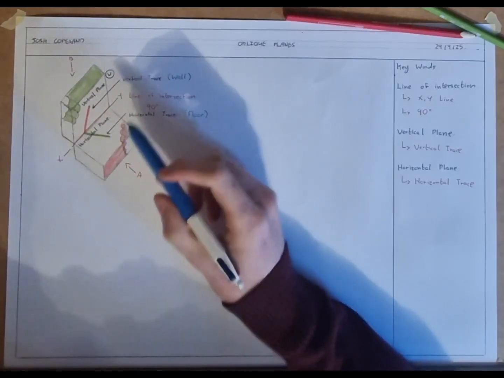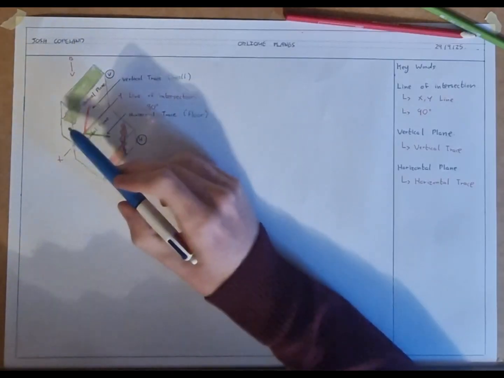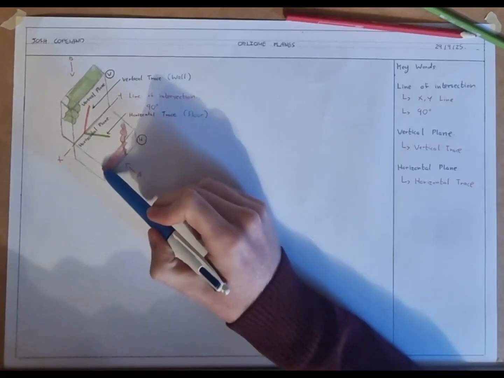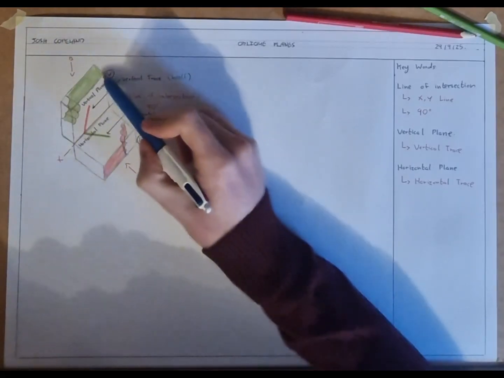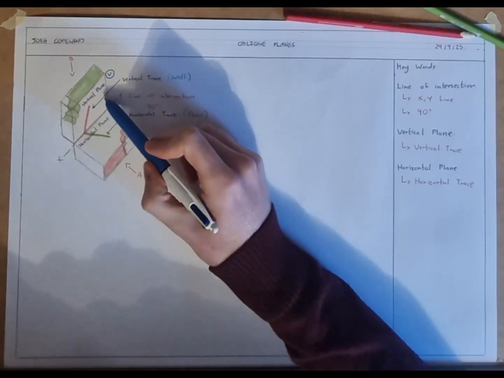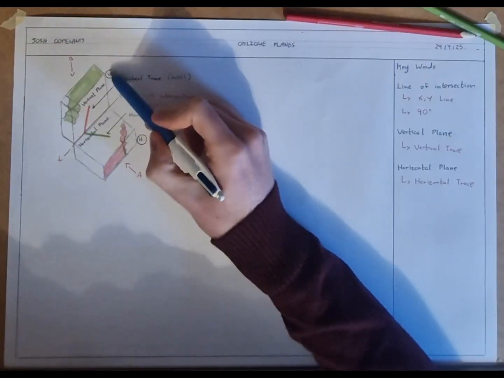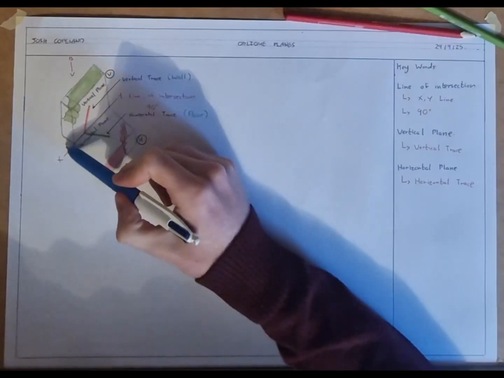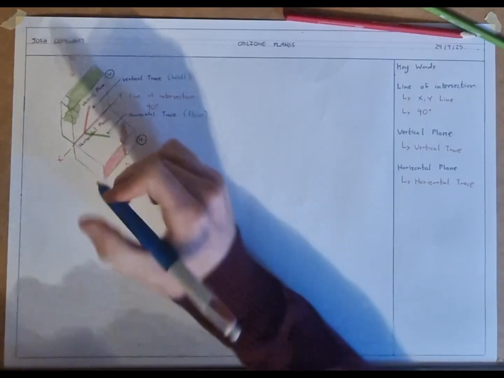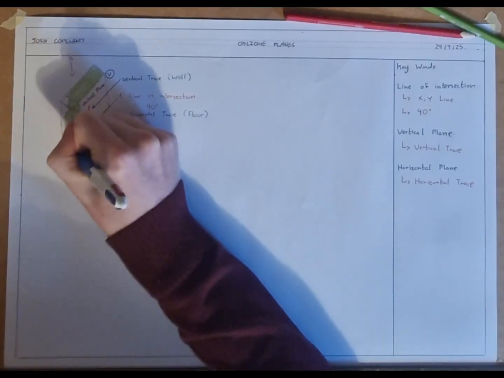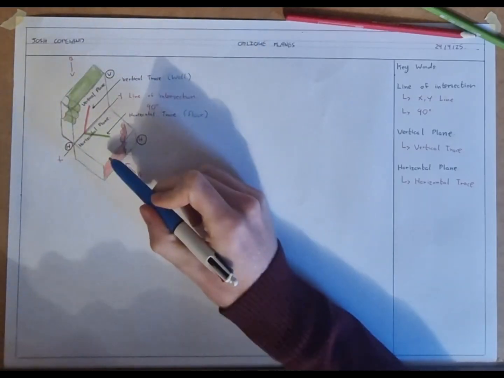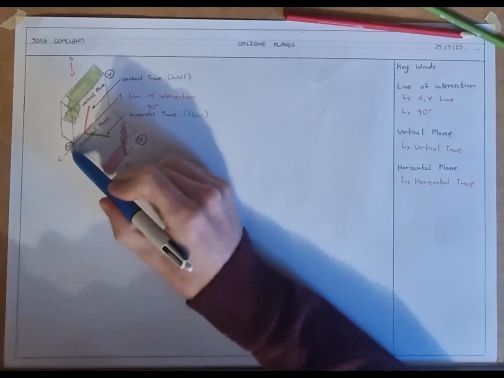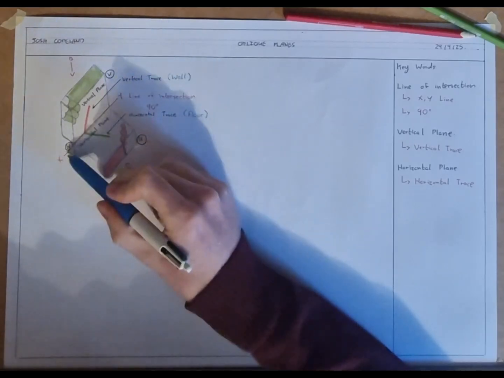So, if we're looking in the direction of arrow A, we're going to see our horizontal plane as an edge and our vertical plane as a surface. So we label our V because we can see that, and then just over here we're going to label this H, because when you're looking in the direction of arrow A, you see H on the XY line.